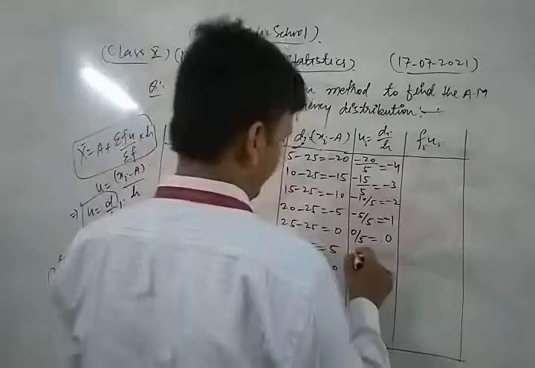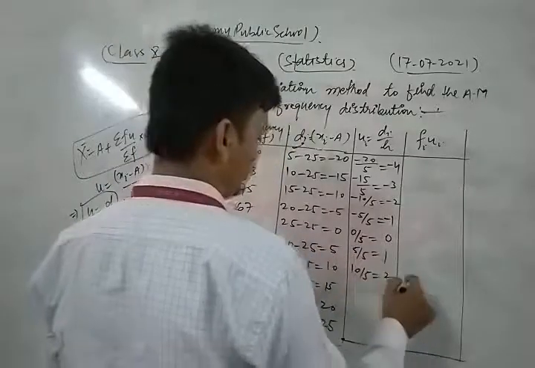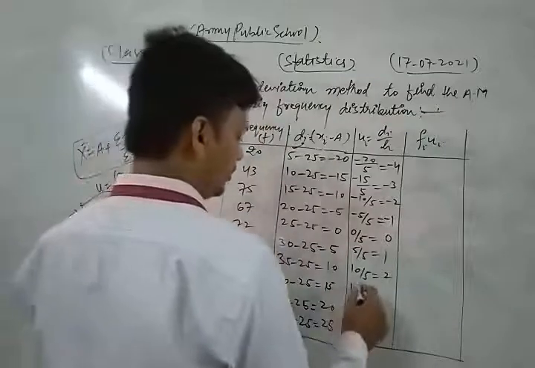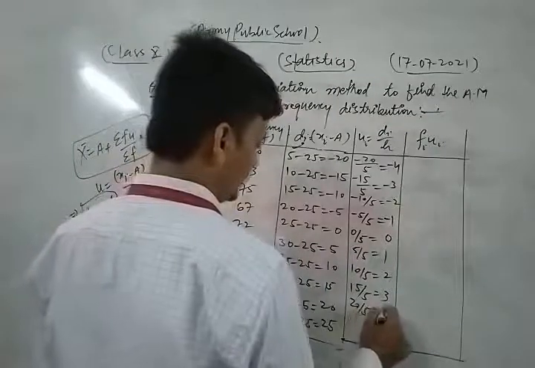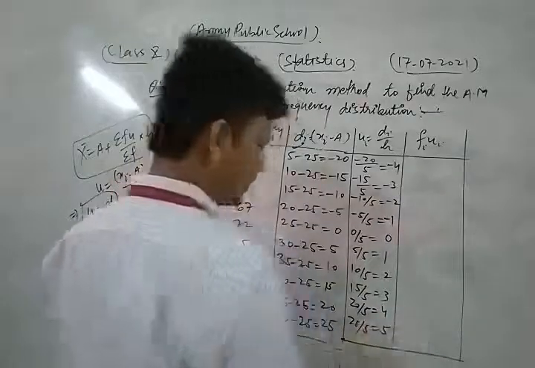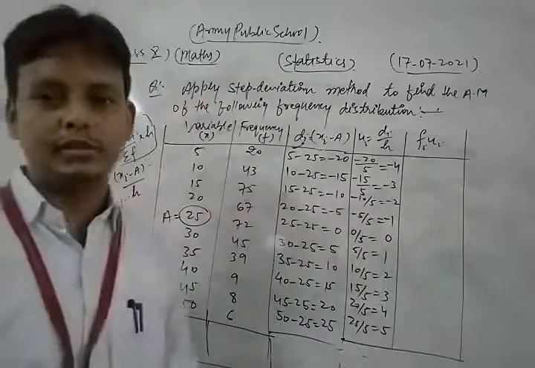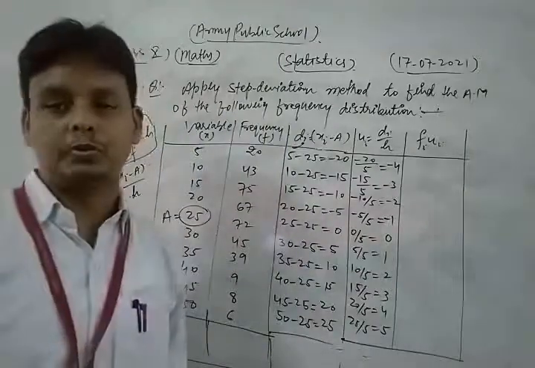Now 5 upon 5 is plus 1, 10 upon 5 is 2, 15 upon 5 is 3, 20 upon 5 is plus 4, and 25 upon 5 is plus 5. So in this way, in the fourth column we find the value of each u_i.